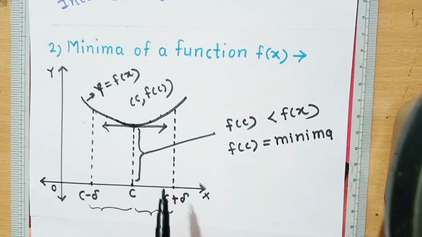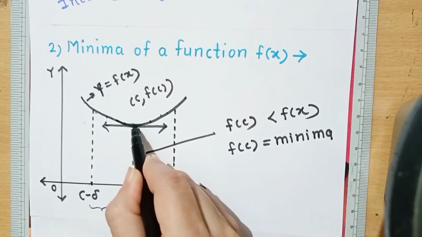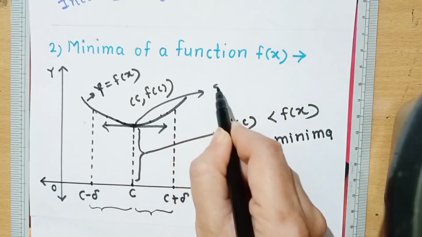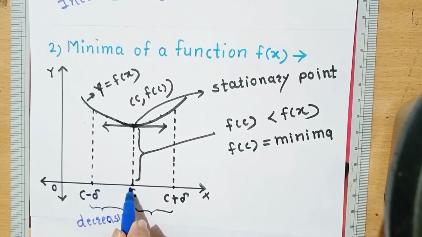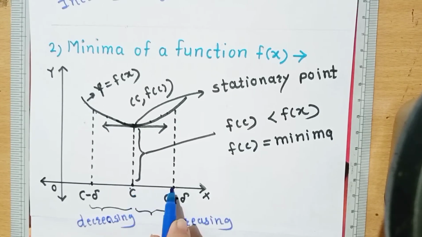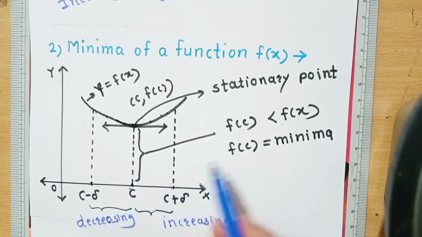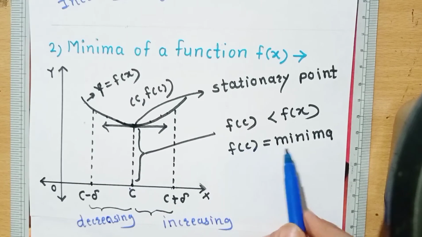So f dash of c equal to 0, that means slope equal to 0, and so this point is called a stationary point. So here the function is first decreasing in this interval and increasing in this interval, then this f(c) is the minima of the function.